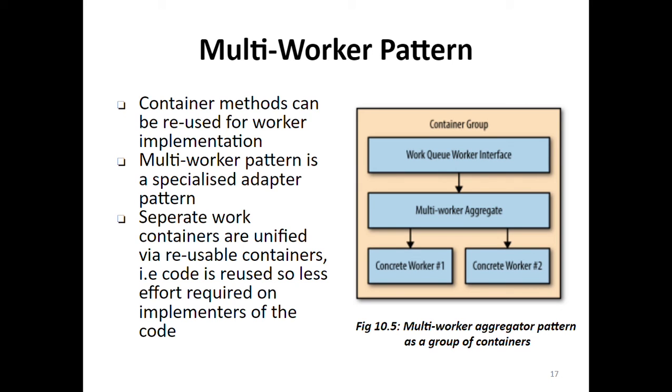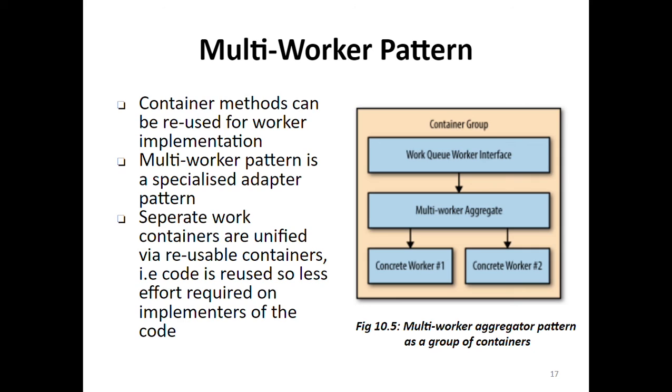We've seen that this chapter mainly focuses on the use of containers for the purposes of reusing code. This can also be applied to work queue patterns, in which instead of writing the same code multiple times, we can reuse certain general patterns of queues via these container methods, leading to the multi-worker pattern.